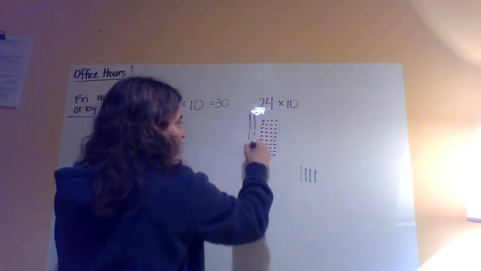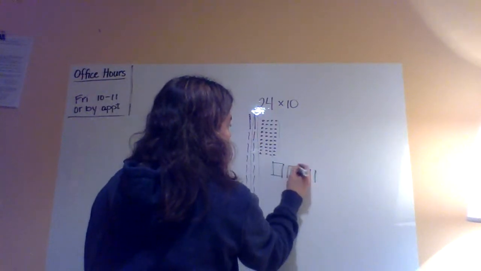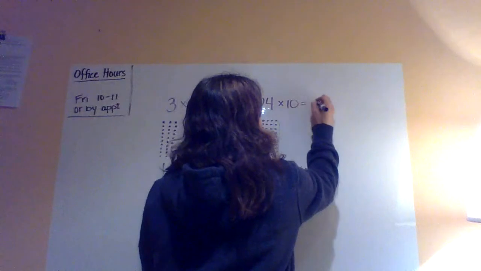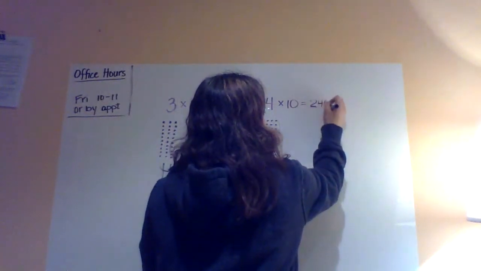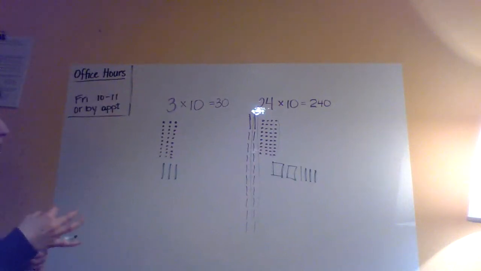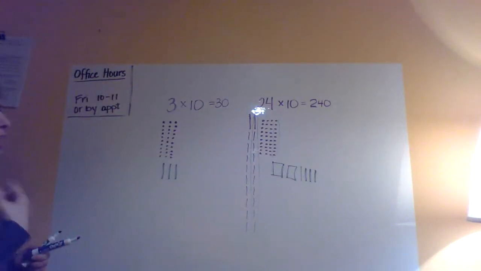Each of these 10 tens is 100, so I have 2 of the flats now. So this obviously equals 240.